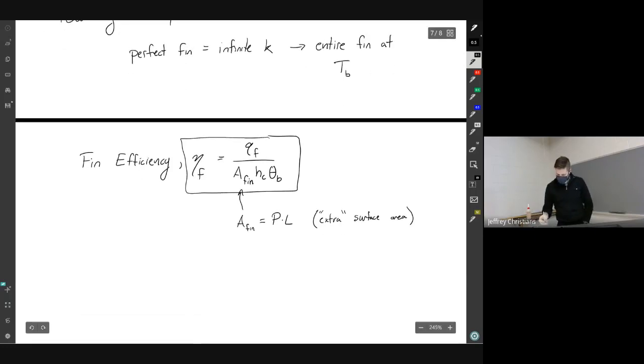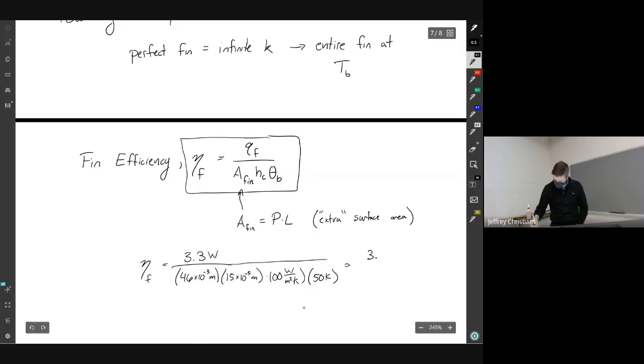So in our example problem, this would be 3.3 watts divided by the 46 times 10 to the minus 3 meters times 15 times 10 to the minus 3 meters times 100 times 50 K. So this is 3.3 watts divided by 3.45 watts.